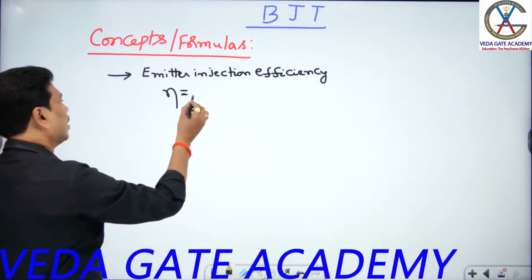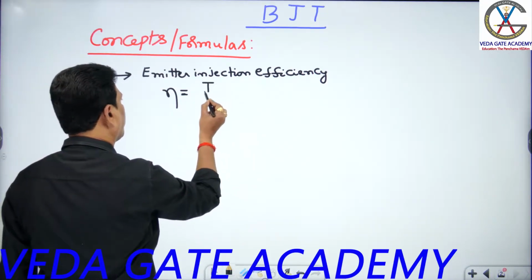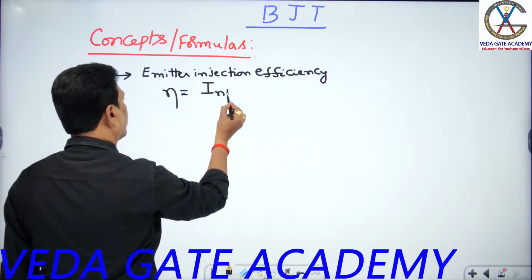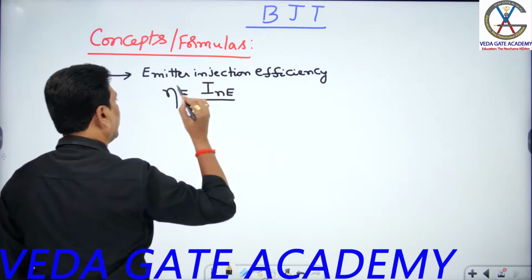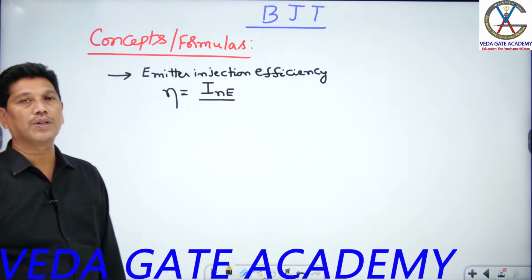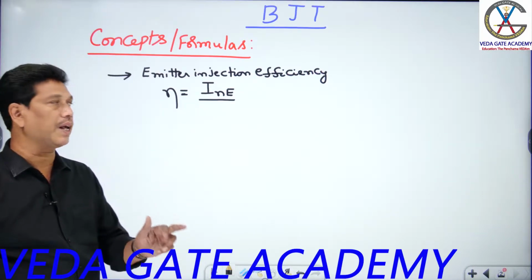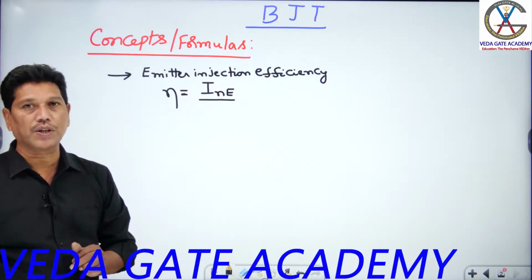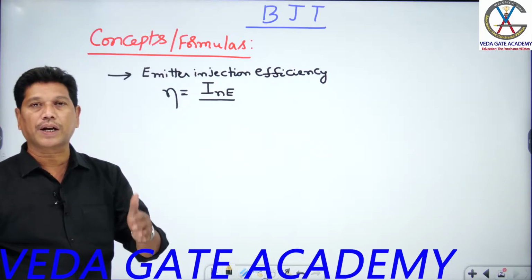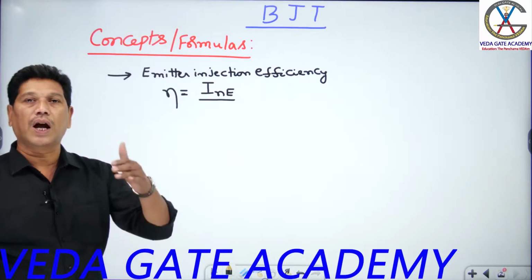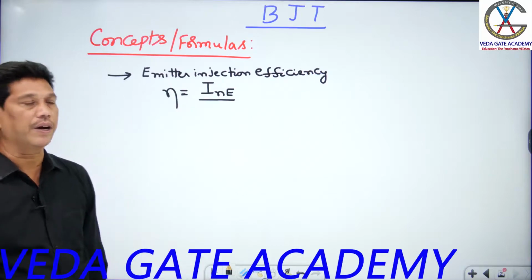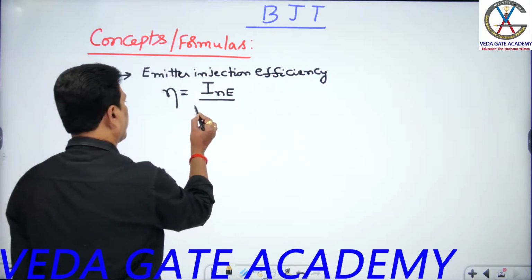It represents the amount of current by the diffusion of emitter carriers over the total IE. As compared to the total emitter current, how much is the current just by the diffusion of emitter carriers, that is called the emitter injection efficiency.